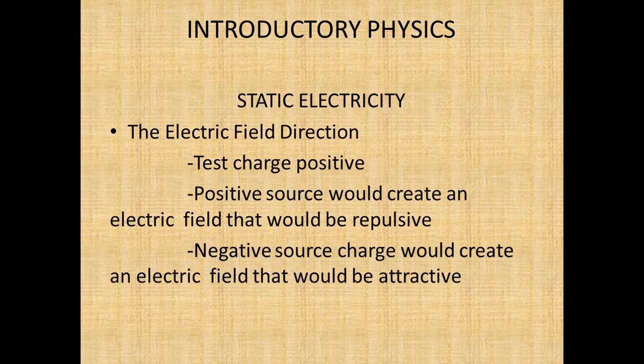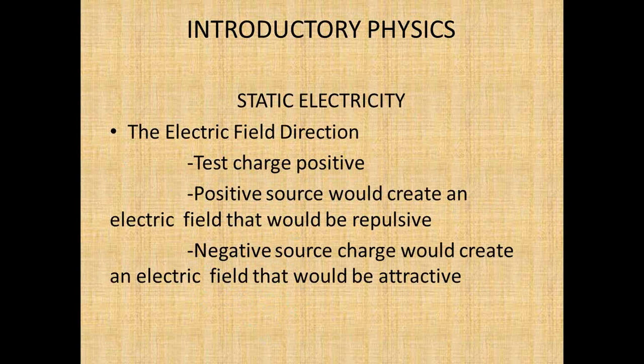So a positive source charge is going to have electric field lines going away from it, and a negative source charge is going to have electric field lines coming towards it.